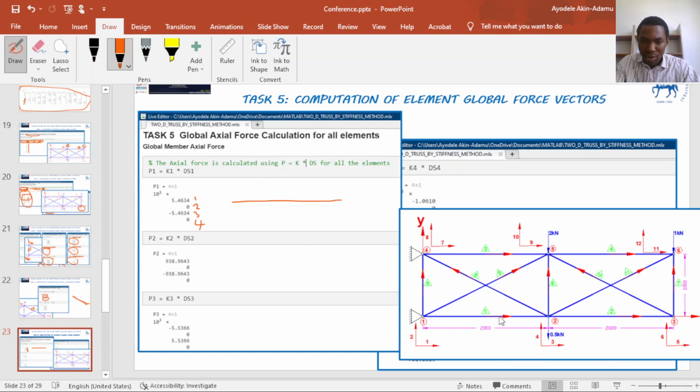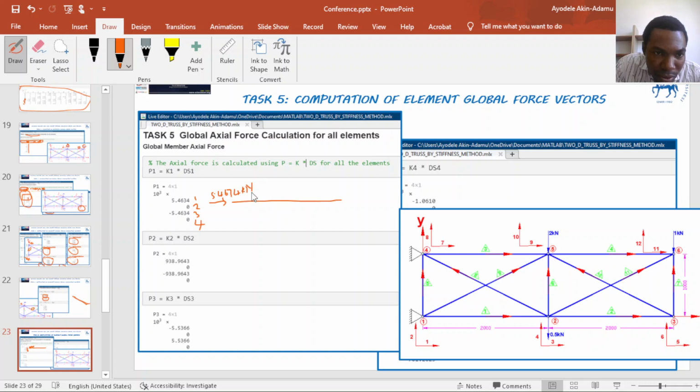I start my numbering from node 1 because the arrow is pointing from node 1. So horizontally we have a force of 5.464 kilonewton.